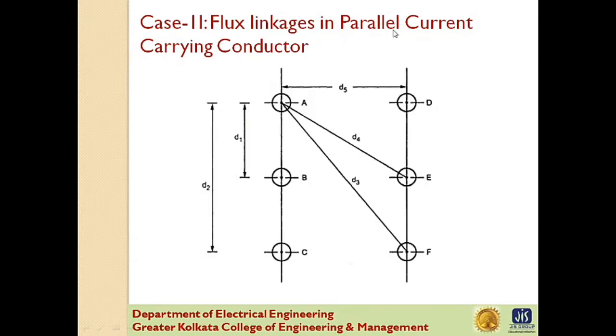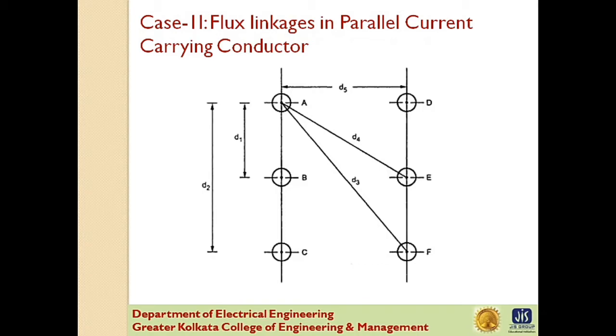Now in the next case we calculate the flux linkage in parallel current carrying conductors. In this figure, let us consider the flux linkage with one conductor, say A. There will be flux linkage with conductor A due to its own current as discussed previously.